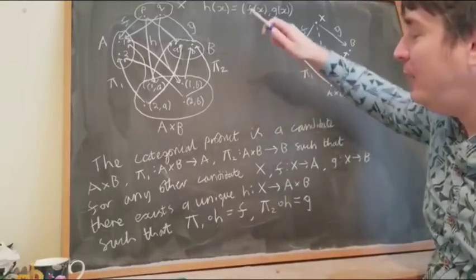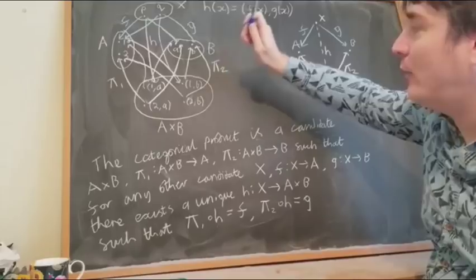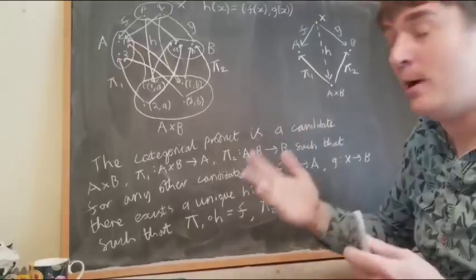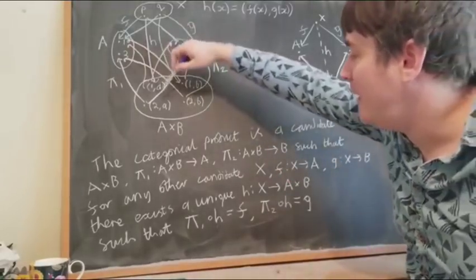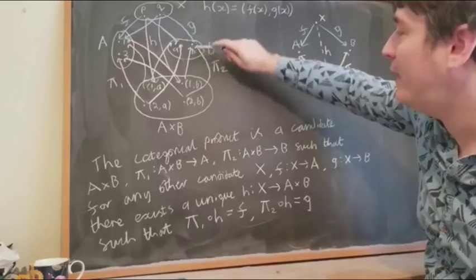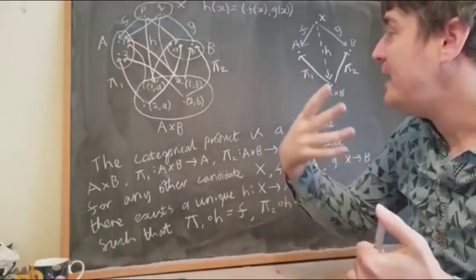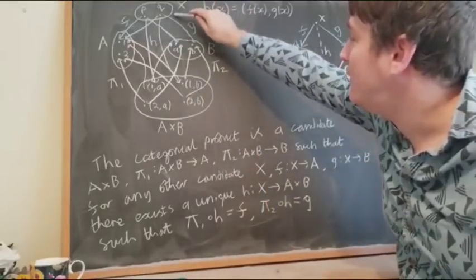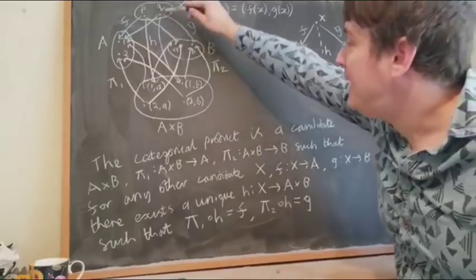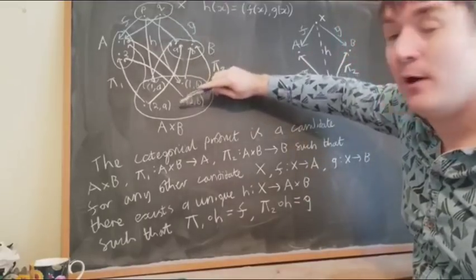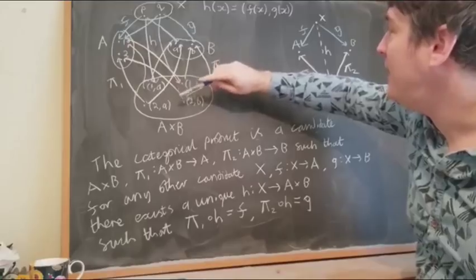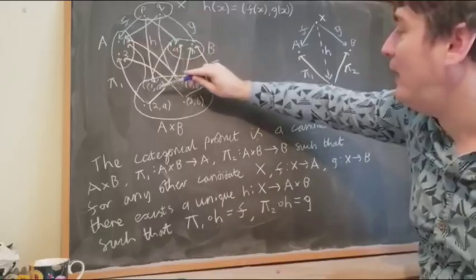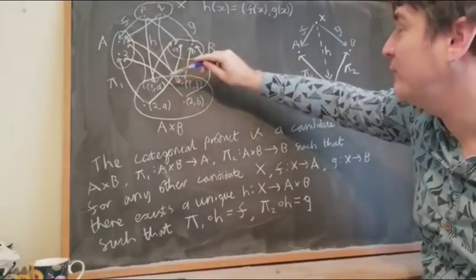So can we see that this is indeed the categorical product of this object here and this object here? Well, yes, it has an arrow into A, and yes, it has an arrow into B, so it is a product candidate. And also for any other product candidate, we can make an arrow from that candidate into our product object here, an arrow like this, which sends an element x into (f of x, g of x).